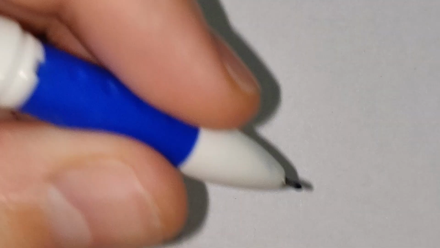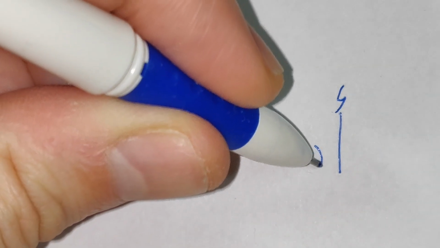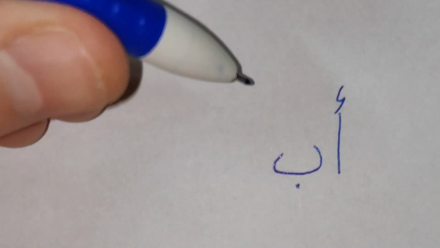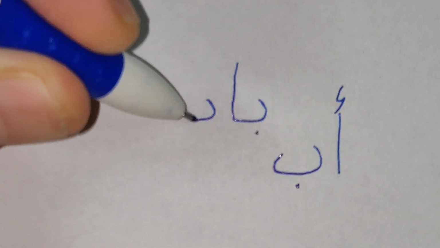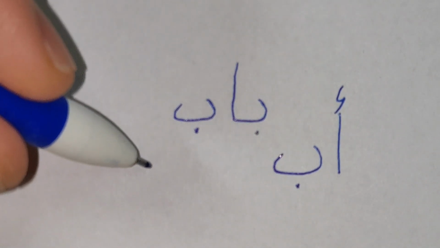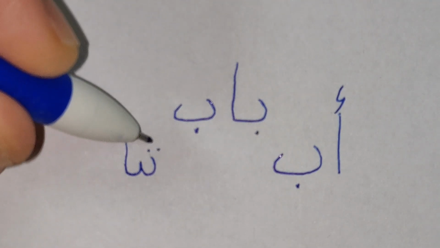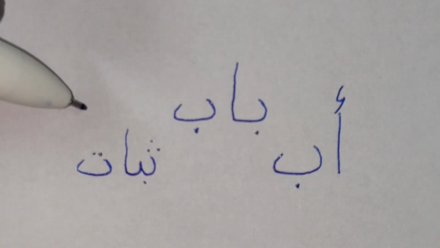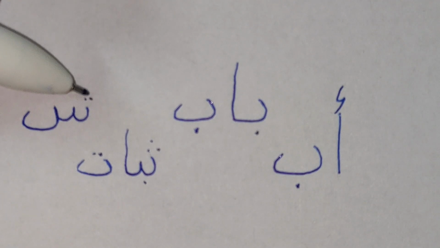So again, we have ab, which means father, bab, which means door, thabat, which means stability, and thabata, he confirmed, proved, or was steadfast.